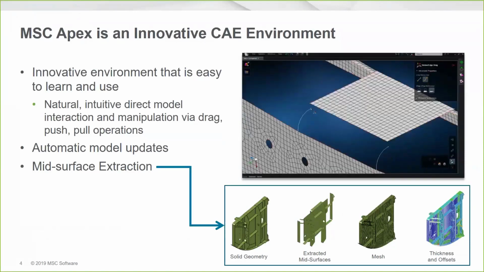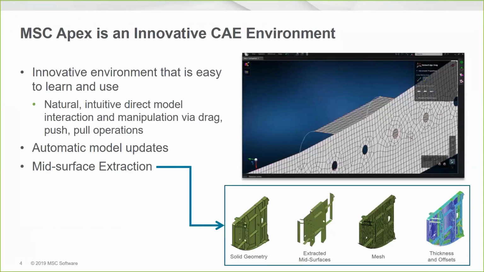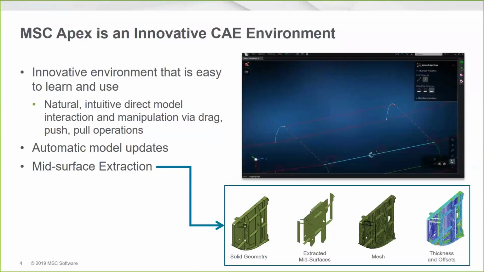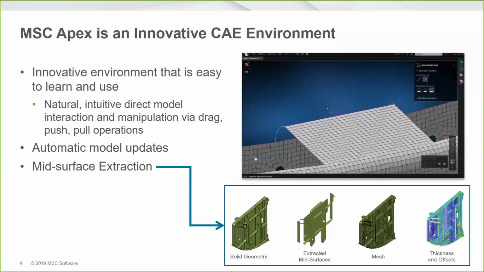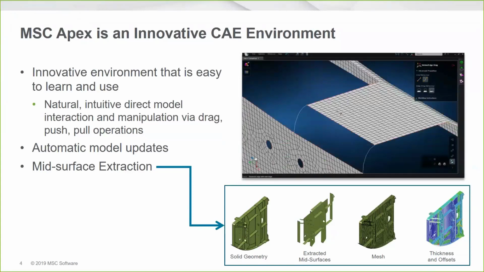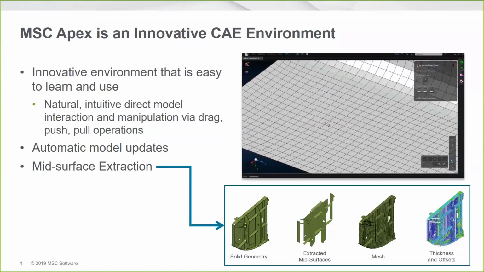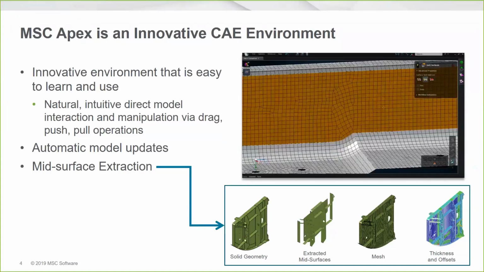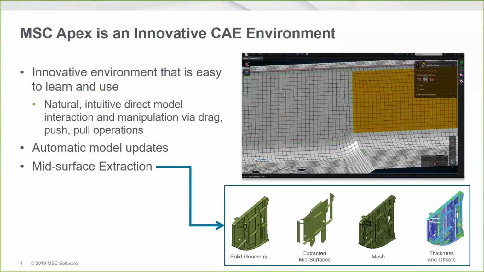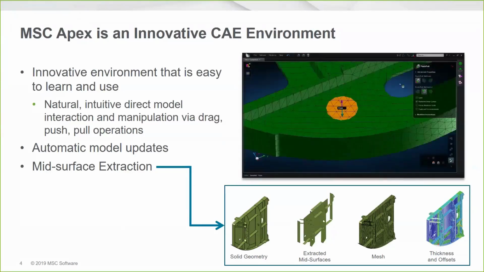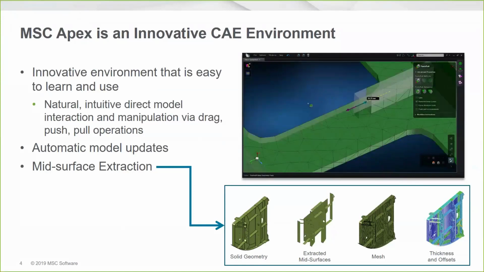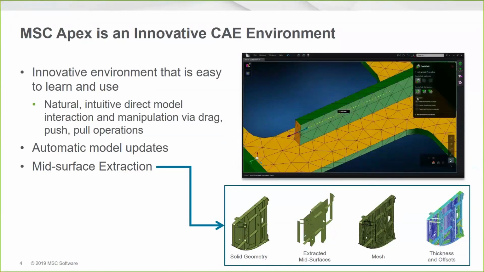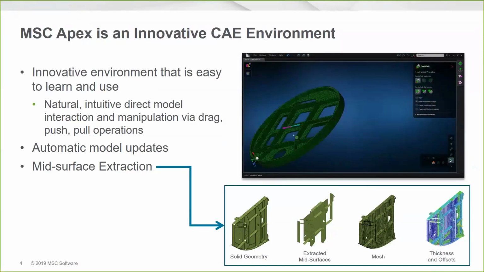It's all based on this innovative environment, this natural, intuitive, direct model interaction through edge and vertex drag and face push and pull. This really has appealed, once again, to people that are doing the detail models where they have to take some solid that's really rich and they want to get an idealized mid-surface rather rapidly. And they are leveraging all this direct modeling. They're leveraging all these automatic model updates.